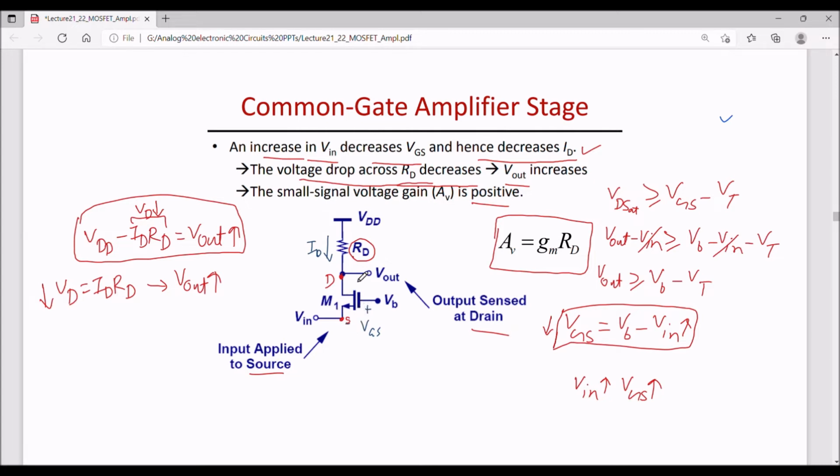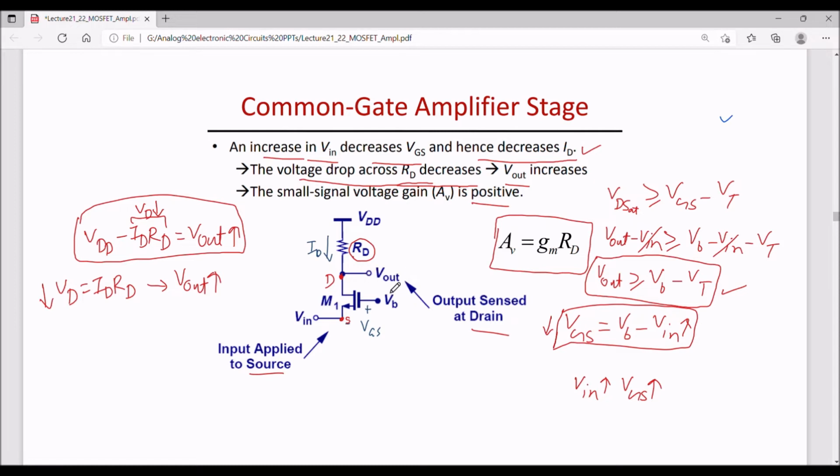So how much can Vout be? Vout should always be greater than or equal to VB minus VT.